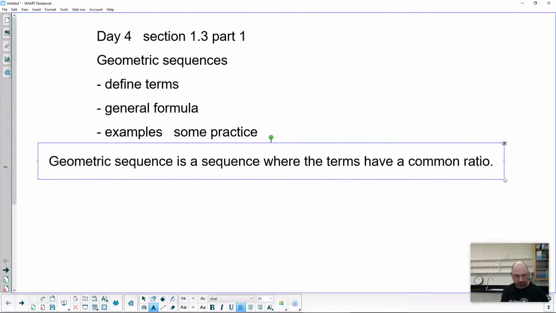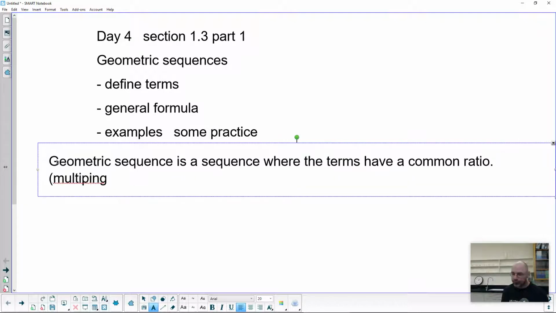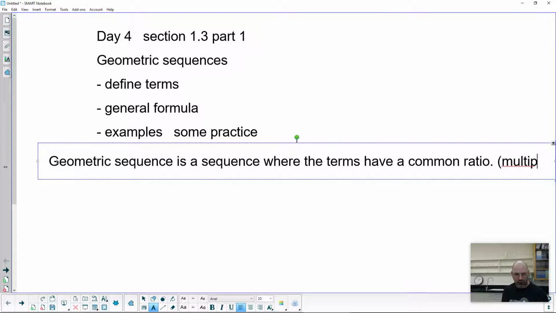This means that we are multiplying between consecutive terms.